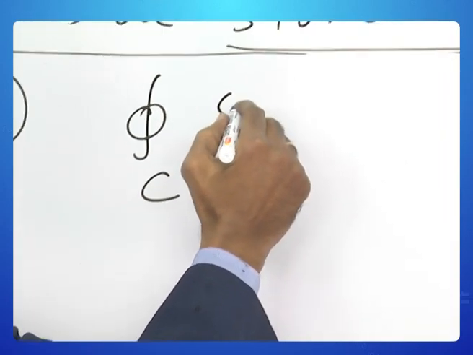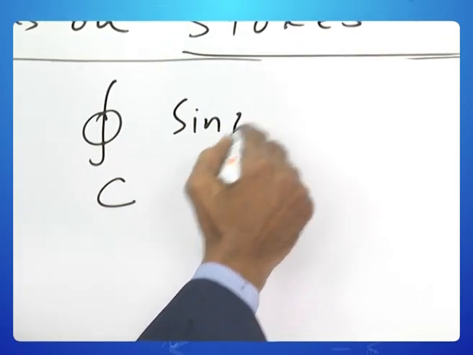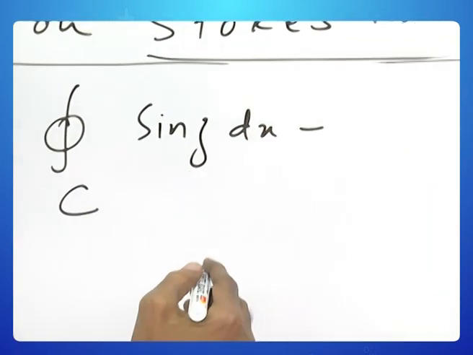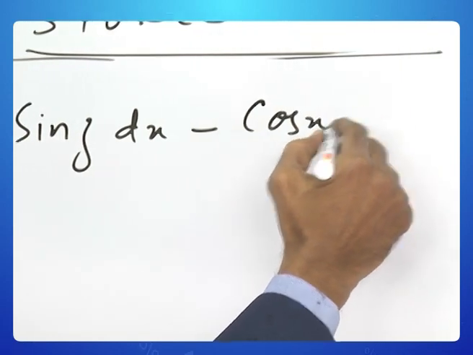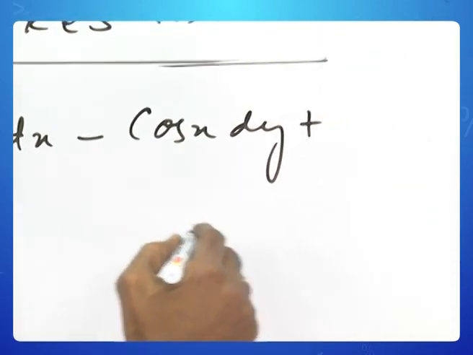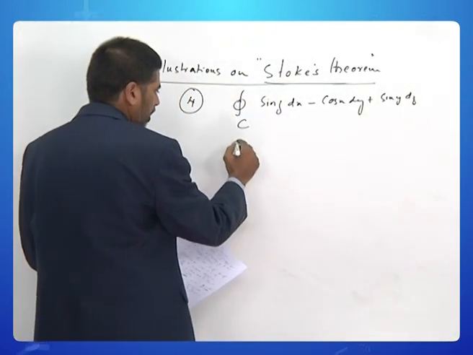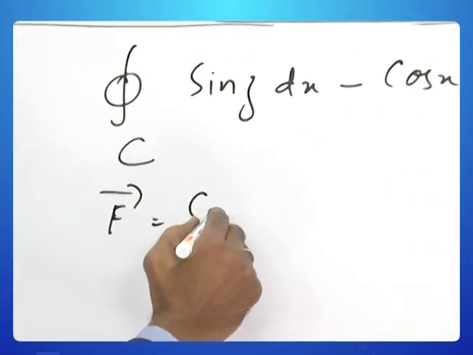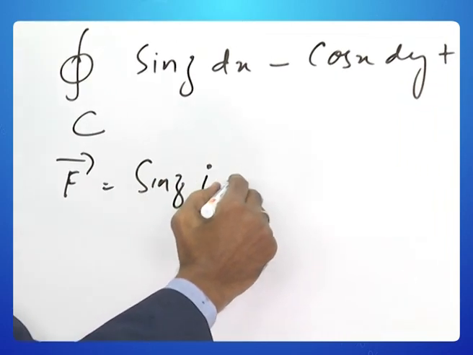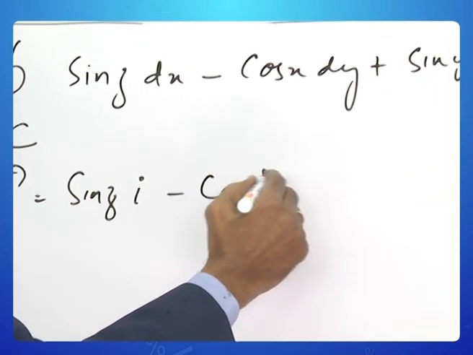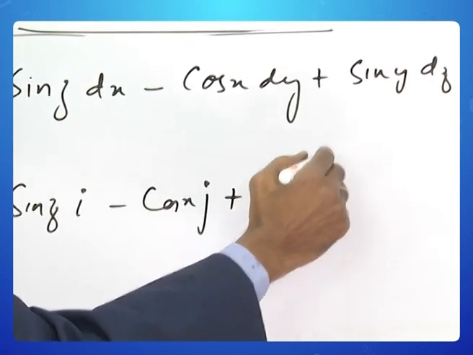So from the given integral, we can extract the field f is equal to sin z i minus cos x j plus sin y k.